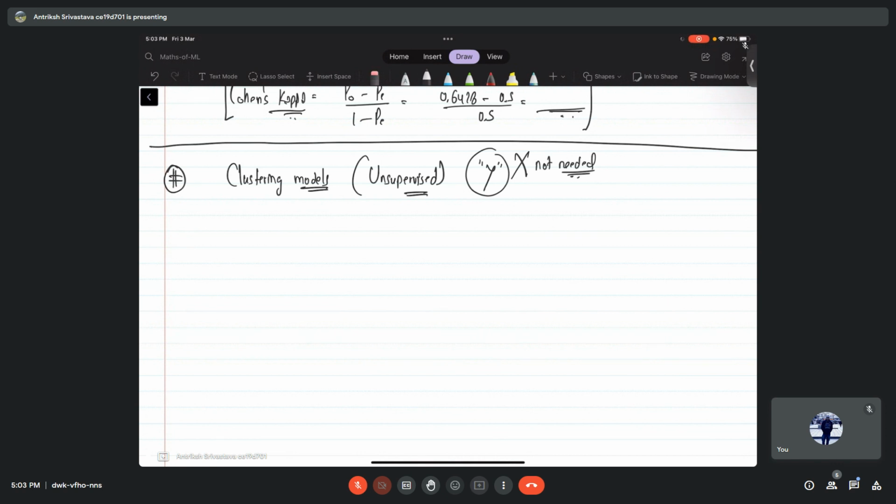What are some examples of clustering algorithms? The two that we are going to discuss here, because we have already discussed CART and SVM in the last session, are K-mean and K-medoid.